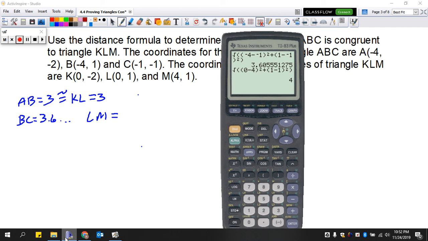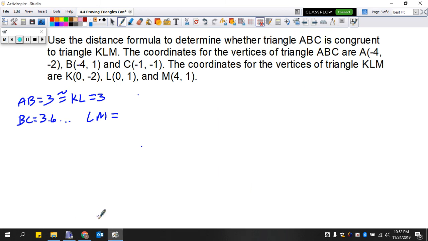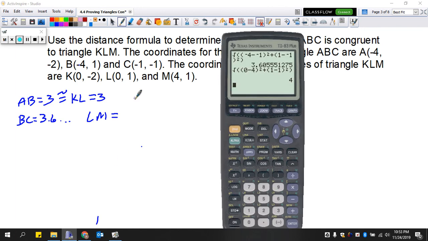Let's just double check to make sure we didn't make any errors. But we have LM. Okay, so BC, we have -4 minus -1 plus 1 minus -1.